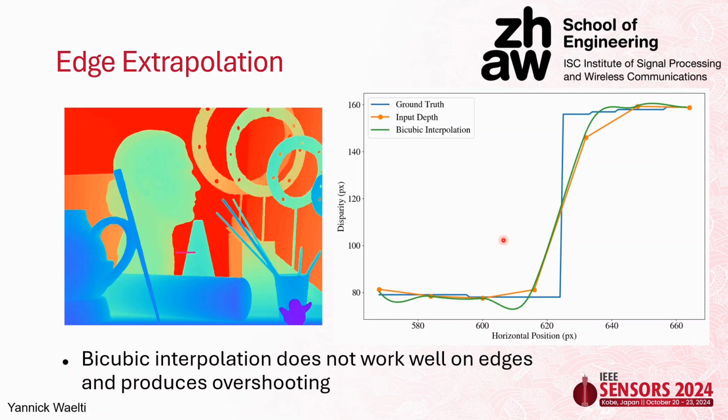The graph on the right is a single line from the image on the left, and the pixels that we removed here are the ones that are bad.